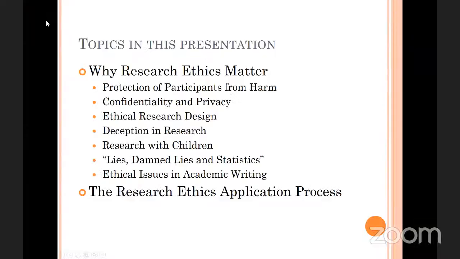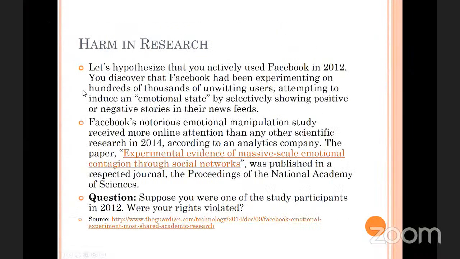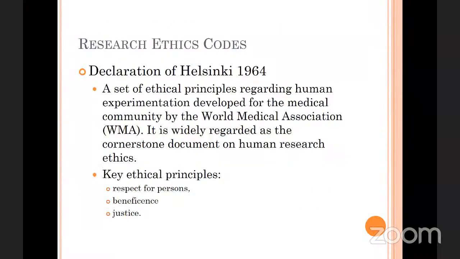All right. So, the thing is, we give some examples of ethics breaches, 3 examples in the lecture, and you should know about 3 basic ethical principles: respect for persons, beneficence, and justice.